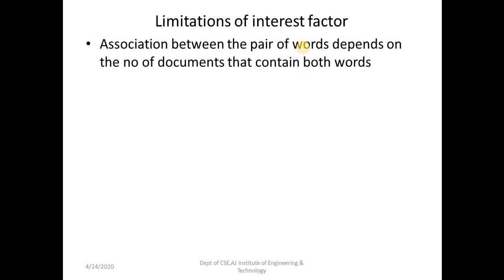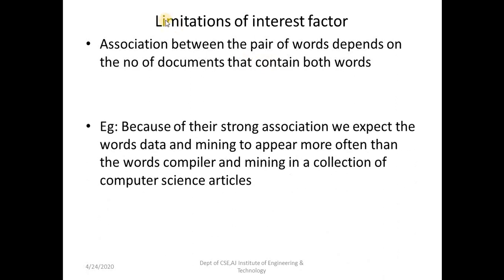Yes or no? Because of their strong association, we expect the words data and mining to appear more often than the words compiler and mining in a collection of computer science articles.